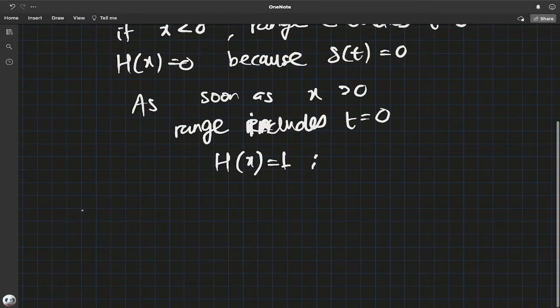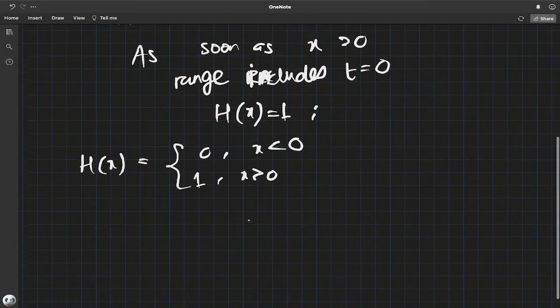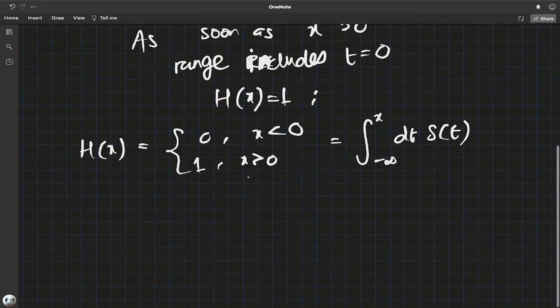So the way I see it, h of x is 0 when x is less than 0 and 1 when x is greater than 0, and we define this to be the integral from negative infinity to x of the Dirac delta.